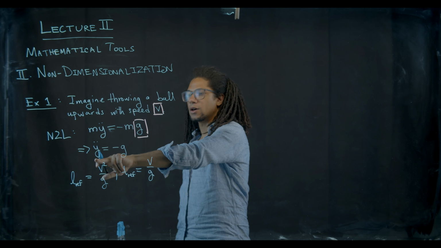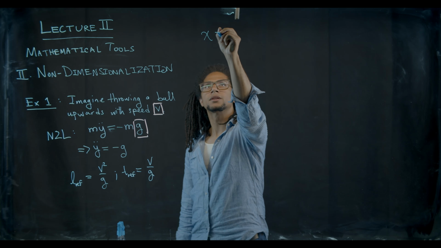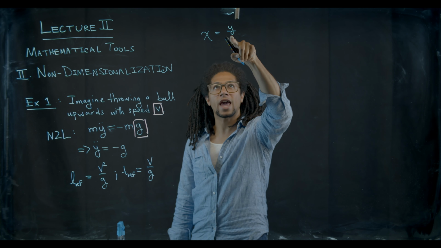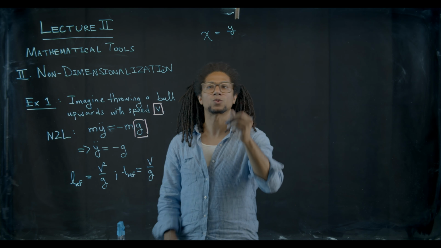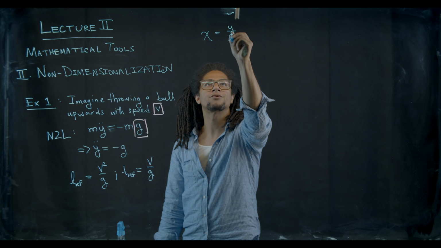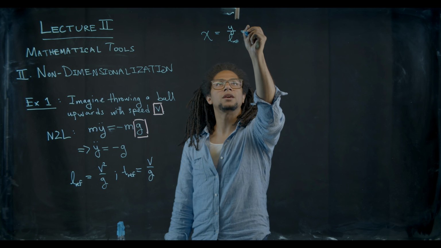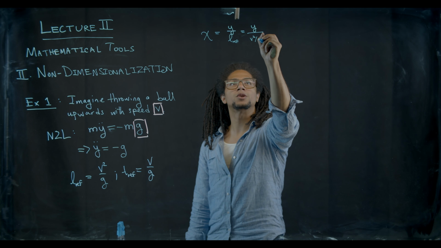Well, let's just create a new variable. I'll call it chi. And chi will be y divided by whatever the reference quantity is that has the same dimension as y, namely L ref. So this is going to be y over v squared over g.